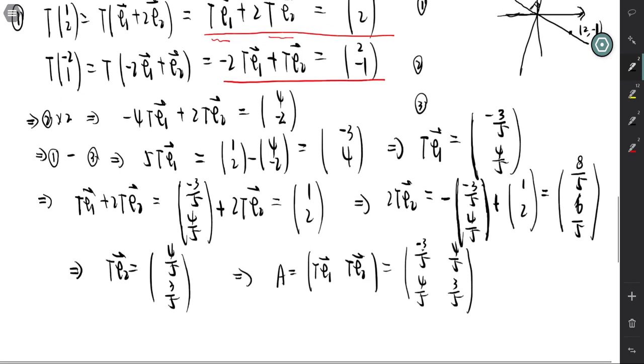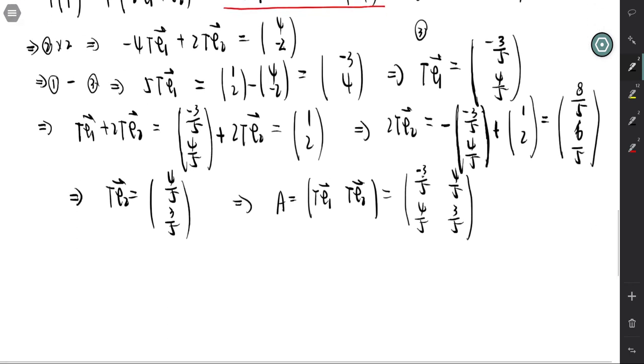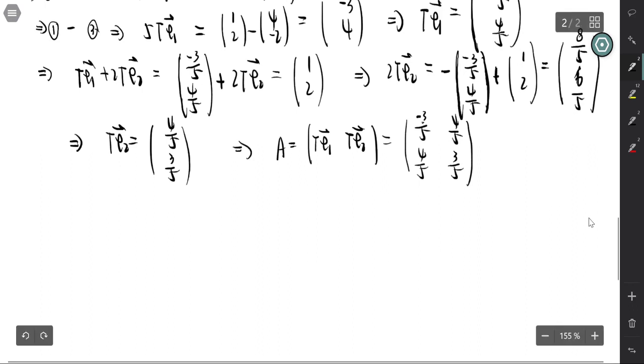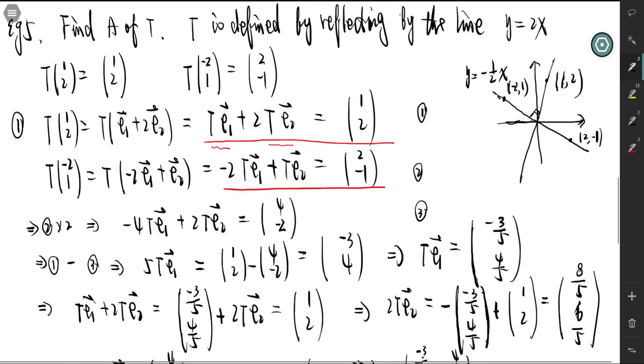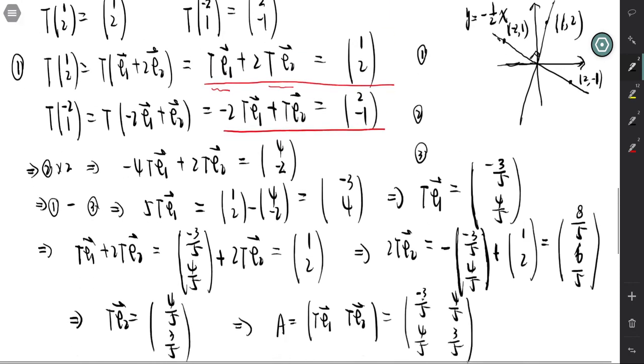The first method is to use the definition of linear transformation. The second method is to use the inverse matrix.